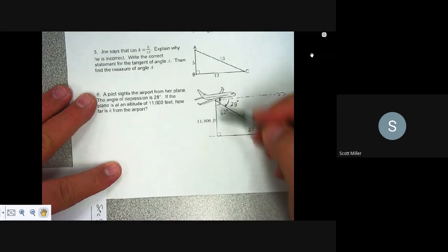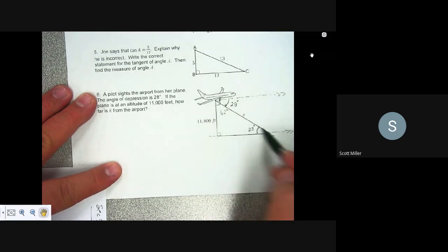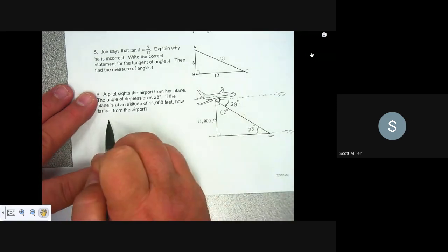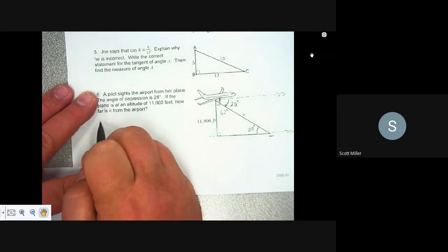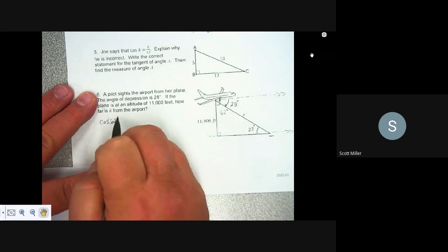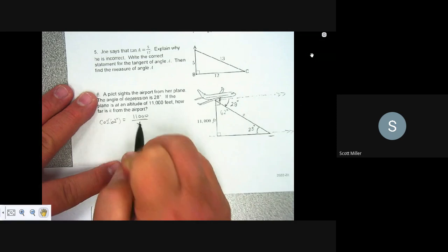Then this side, in relation to 62, is the adjacent. This side is the hypotenuse. Adjacent and hypotenuse talks about cosine. So the cosine of 62 degrees is the adjacent divided by the hypotenuse.